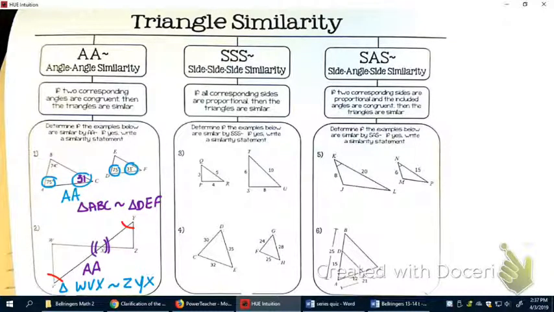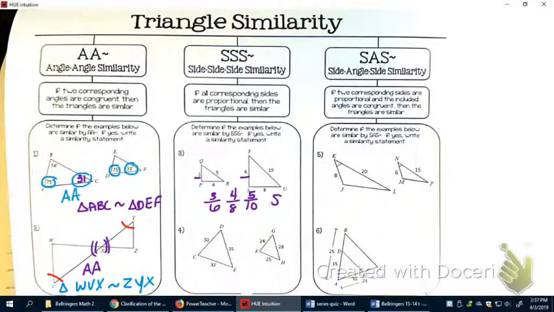Okay? So number 3, you're going to start with a 3, and what does 3 correspond to in the other triangle? 6. So 3 over 6. Okay, 4 corresponds to what in the other triangle? 8. And then 5 goes with 10. Okay, check the fractions. Are they all the same?